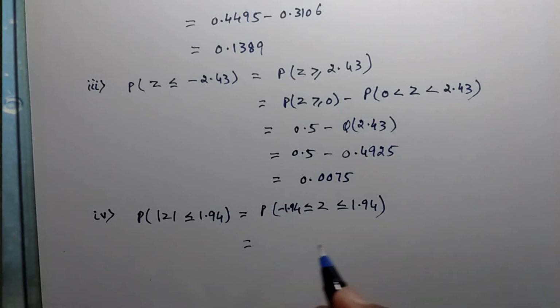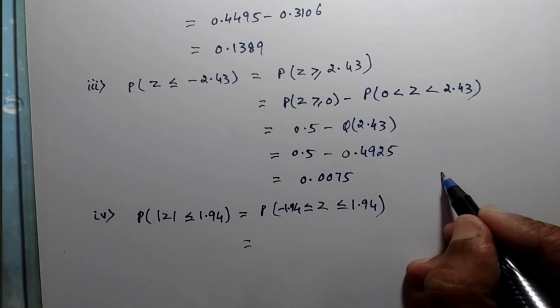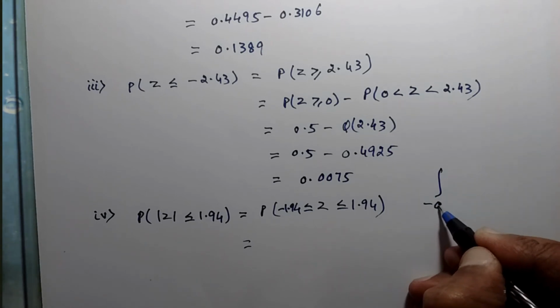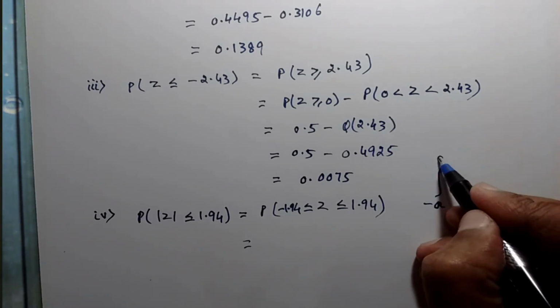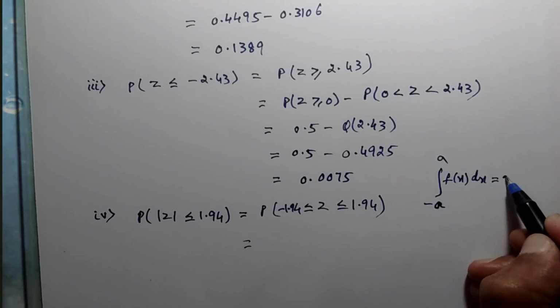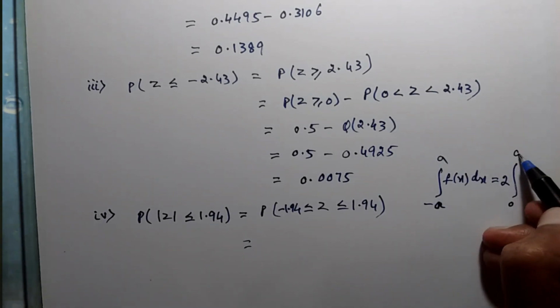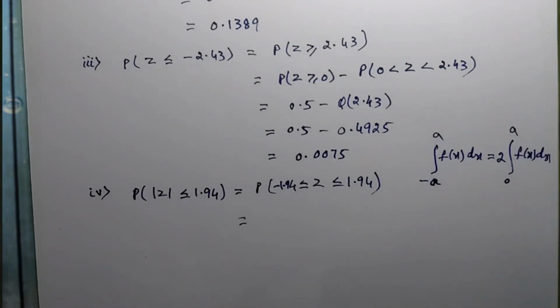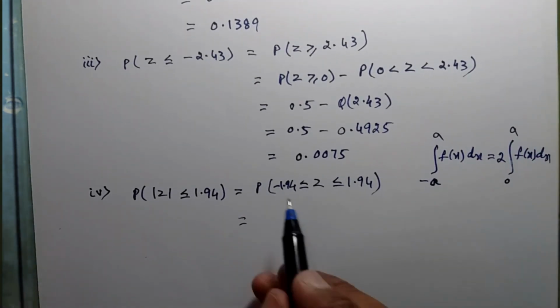This result can be written as, because we know that whenever you have the integral from minus a to plus a of f of x into dx, this value can be written as 2 times the integral from 0 to a of f of x into dx, one of the properties of integration. The similar result can be applied over here.